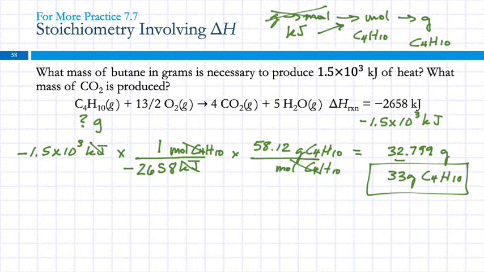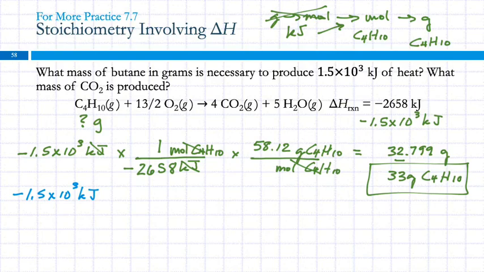What mass of CO2 is produced? Well, I could take my grams of butane to moles of butane to grams of CO2 to moles of CO2. That would work. But we're practicing with the energy business, so I'm not going to do that. We can use the same beginning of this equation.